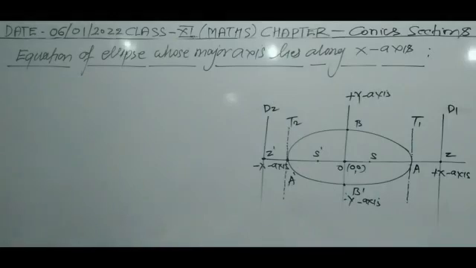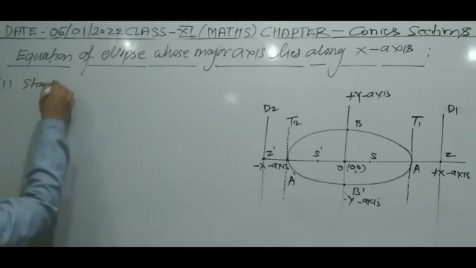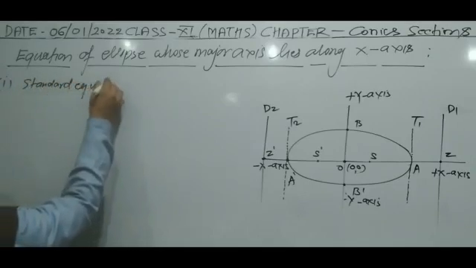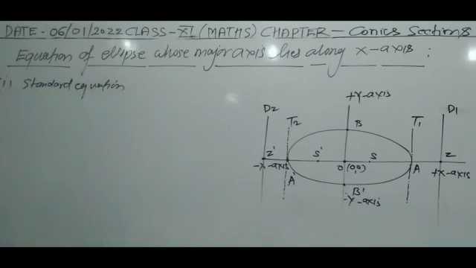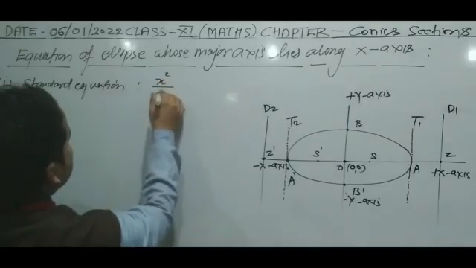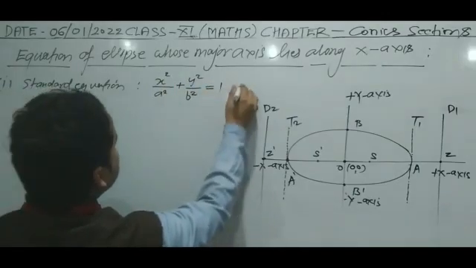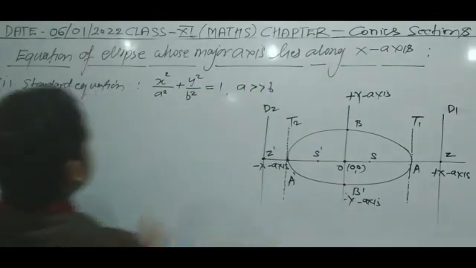Standard equation of ellipse. Now first is the standard equation. What can we write? This is x square upon a square plus y square upon b square is equal to 1, where a is greater than b.